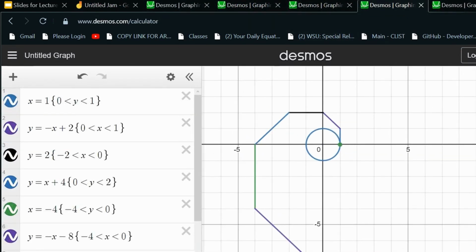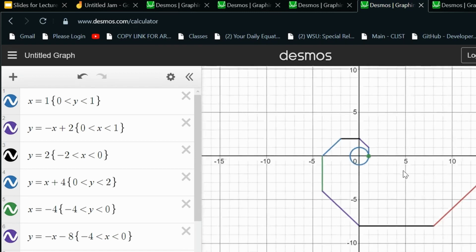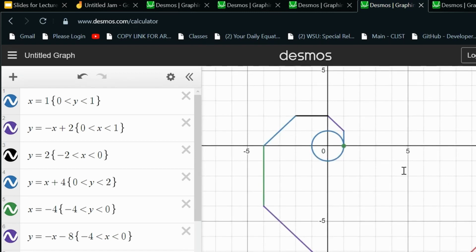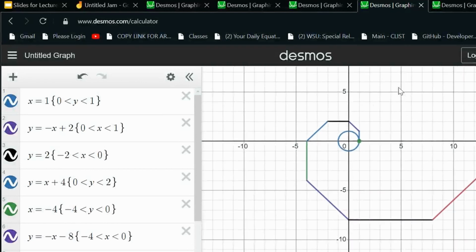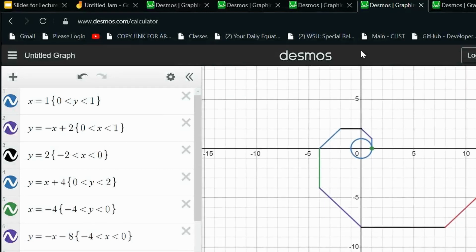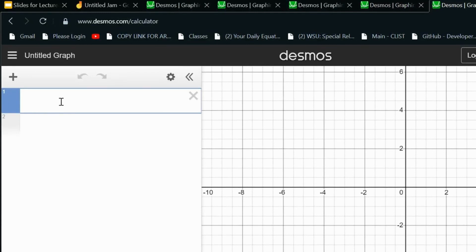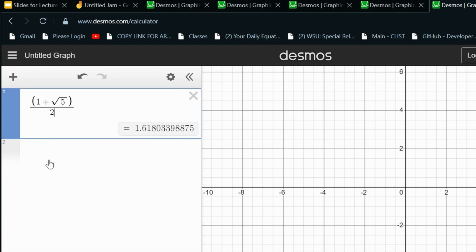Oh yes, Rosie is asking whether the graph relates to the golden ratio. It is sort of like that, but it doesn't have any relation with the golden ratio as such. In the next lecture, I believe we are talking about square roots and cube roots of unity. The golden ratio is this one, right?